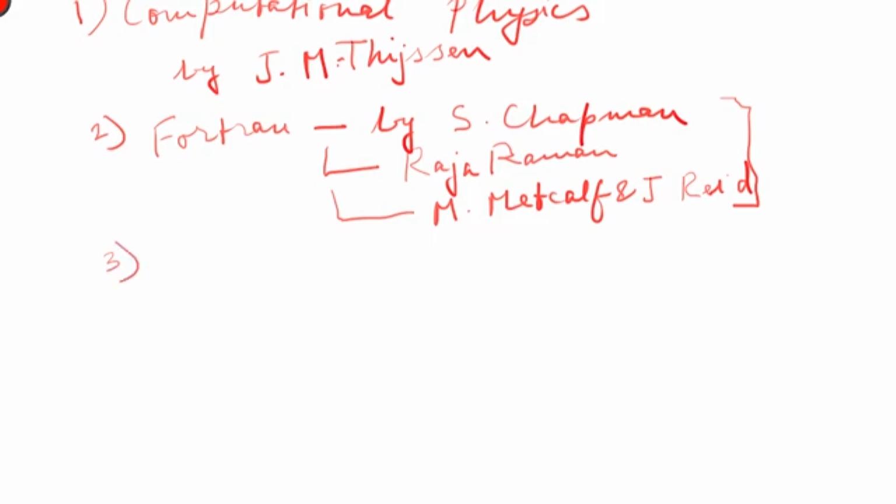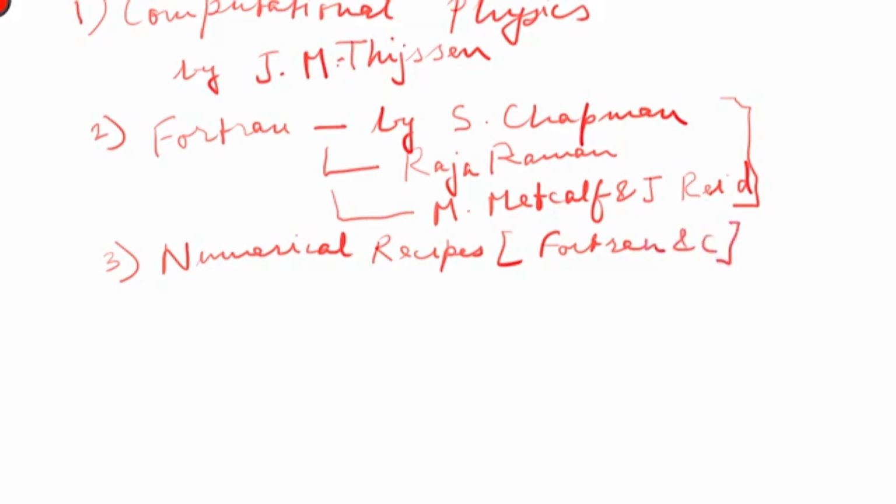Then there is the Numerical Recipes book, which is available for both Fortran and C. This book contains several subroutines which implement different methods which we have discussed.